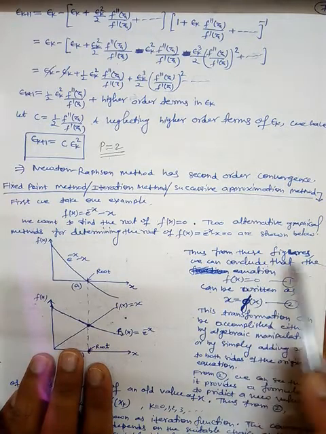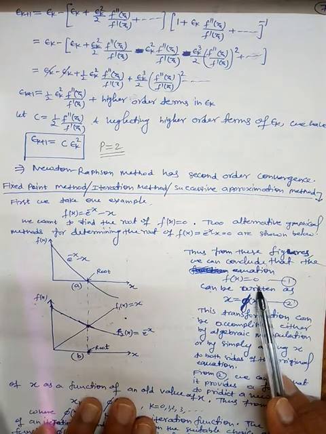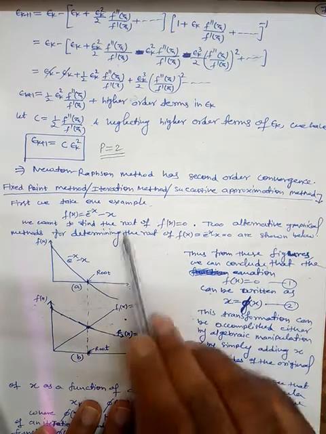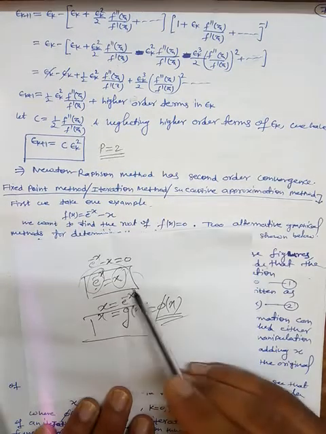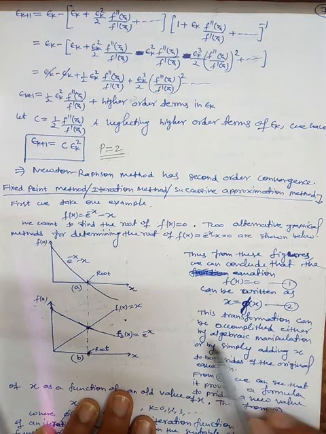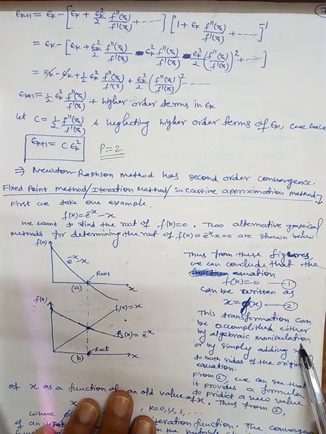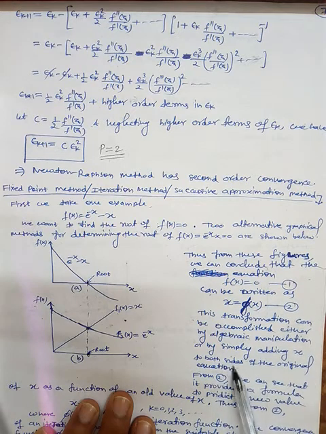So from these figures we can conclude that the equation f of x equal to 0 can be written as x is equal to phi of x. In our case phi of x is e raised to the power minus x. This transformation can be accomplished either by algebraic manipulation or by simply adding x to both sides.